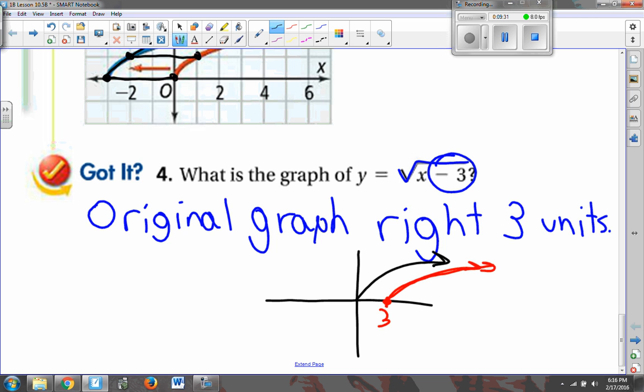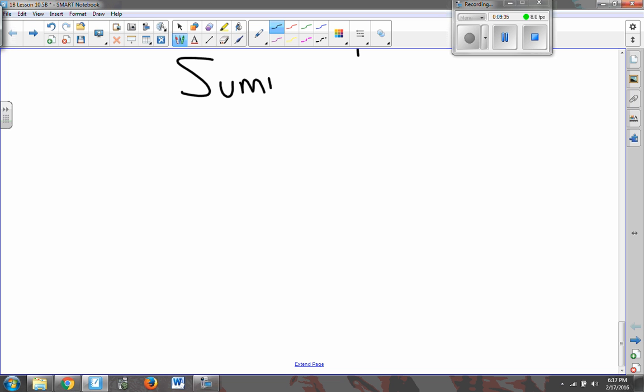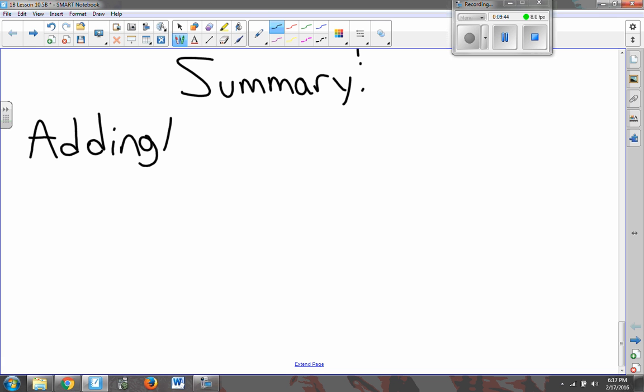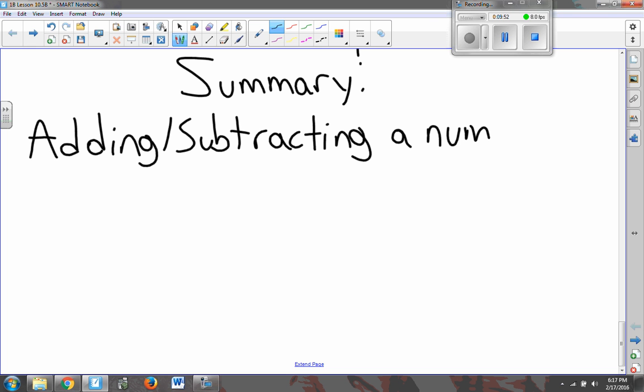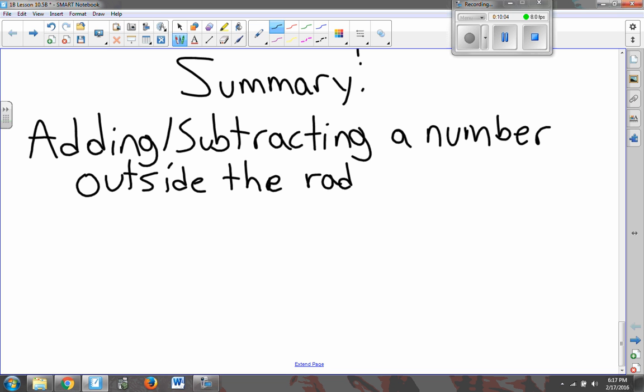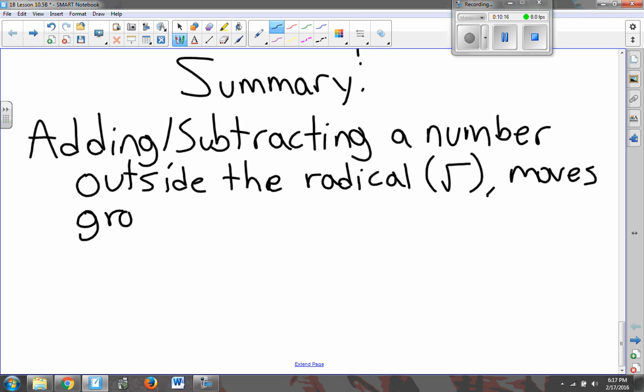All right. To summarize, adding or subtracting a number outside the radical, which again is just the square root symbol, moves the graph up if it's a plus, or down if it's a minus.